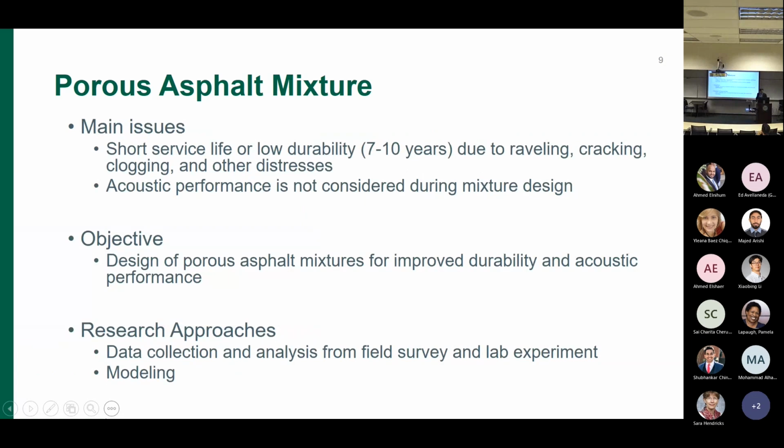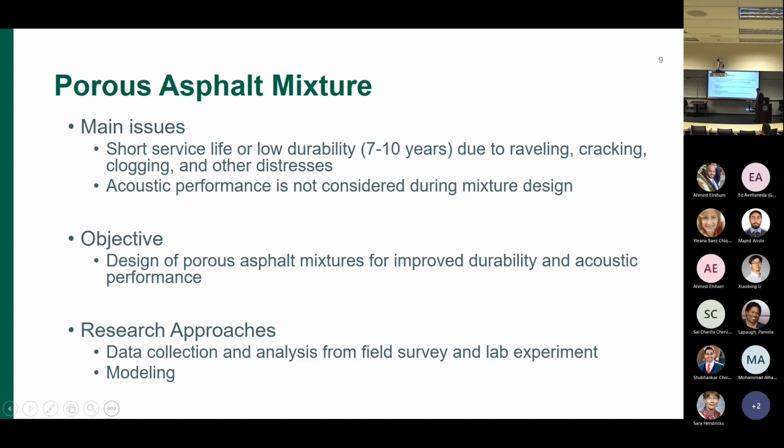Now, porous asphalt mixtures are desirable to control the water film thickness and also achieve some other benefits, like reducing high-frequency noise, reducing splash and spray, and increasing visibility during rain and night. But it has some issues.